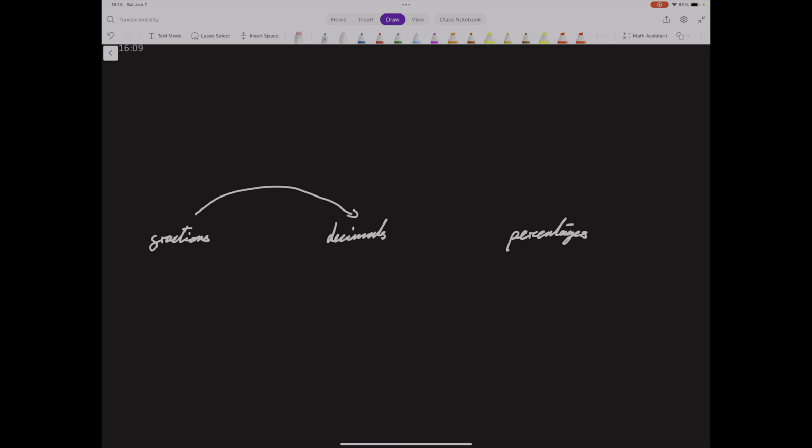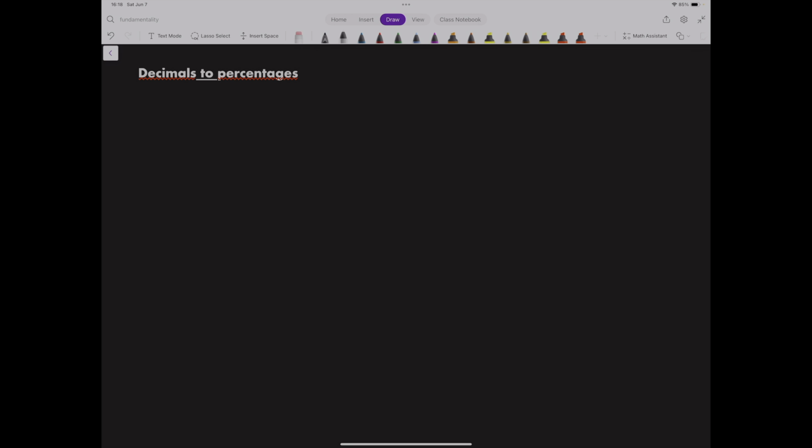Okay, so for our next one, I think we're going to follow this round like a circle. We're going to go from decimals to percentages. In order to convert from decimals to percentages, it's a case of knowing what percent means again. Percent comes from Latin, which means per 100.